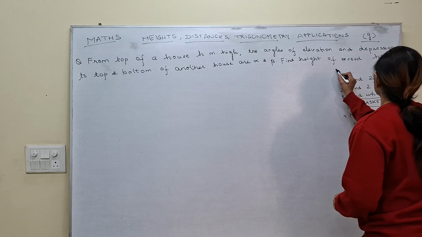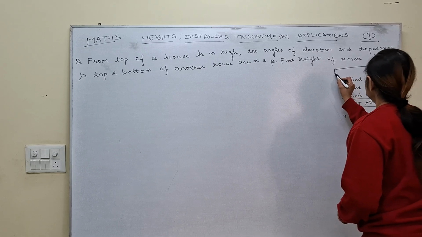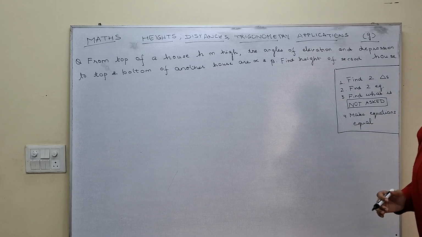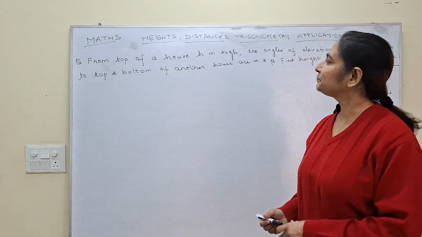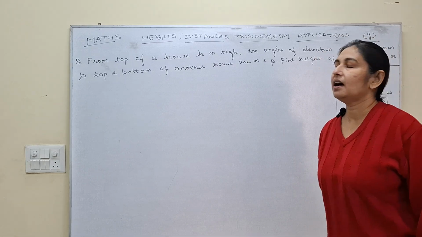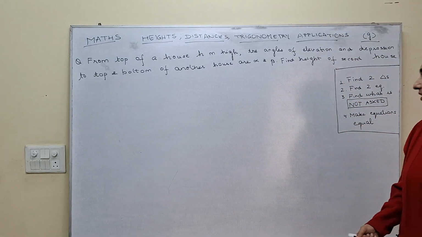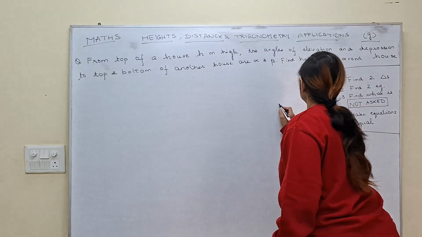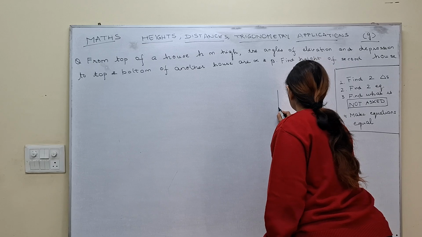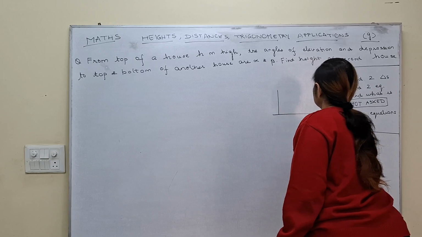Now let's start as usual without wasting time. From top of a house, h meters high. Fine. There's a house which is h meters high. There has to be a ground.